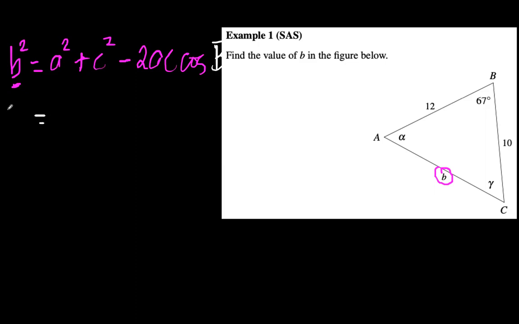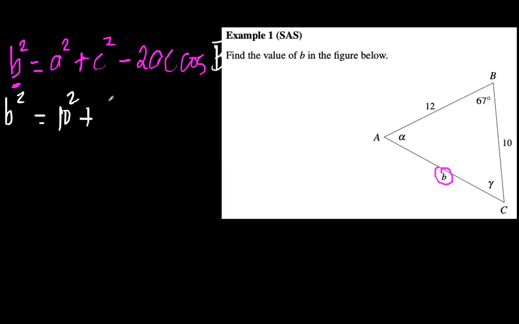So let's now substitute the given. What is our A? Our side A is equal to 10. We have 10 minutes left. By the way, class, you are allowed to use a calculator here. So if you have a calculator at this moment, please get ready and help me solve this equation.